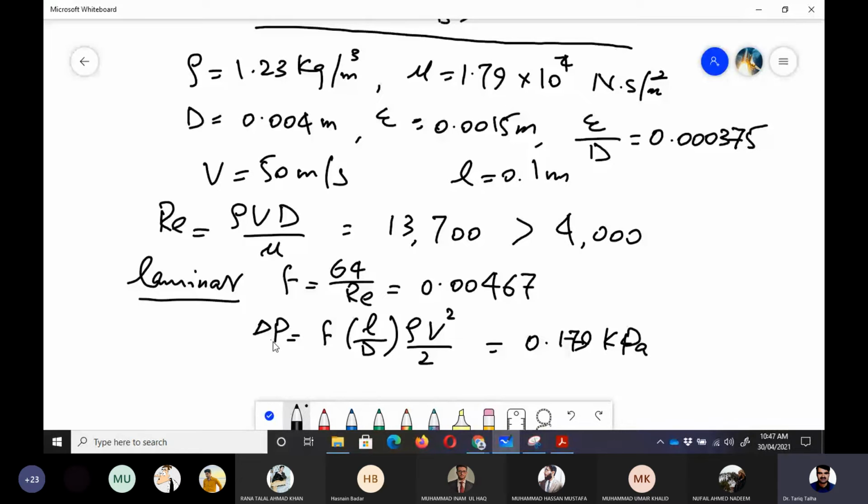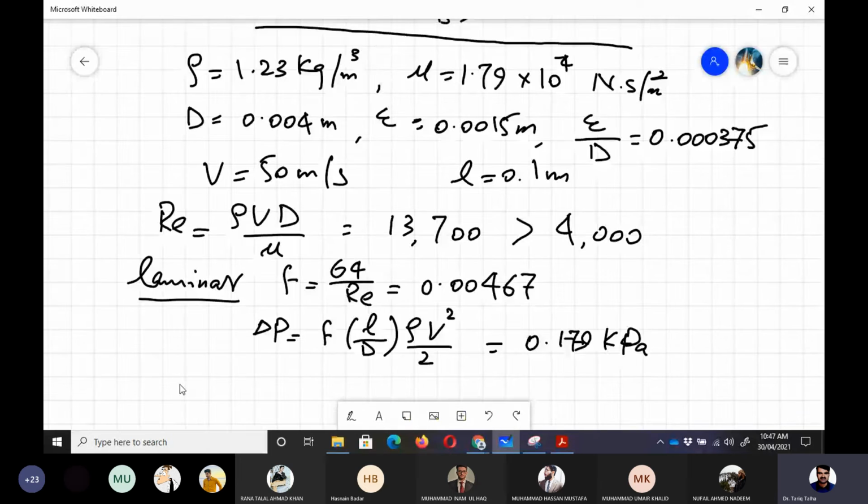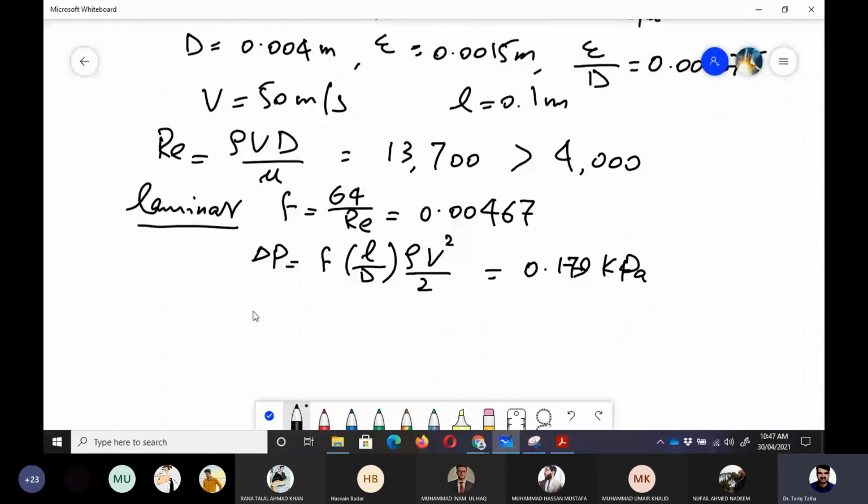That is the value of delta P, and the same value of delta P can be calculated from the relation for fully developed laminar pipe flow, which is equal to 32 mu L V upon D square. We also discussed all these derivations in last week's lecture. From this it would also come out to be 0.179 kilopascal.